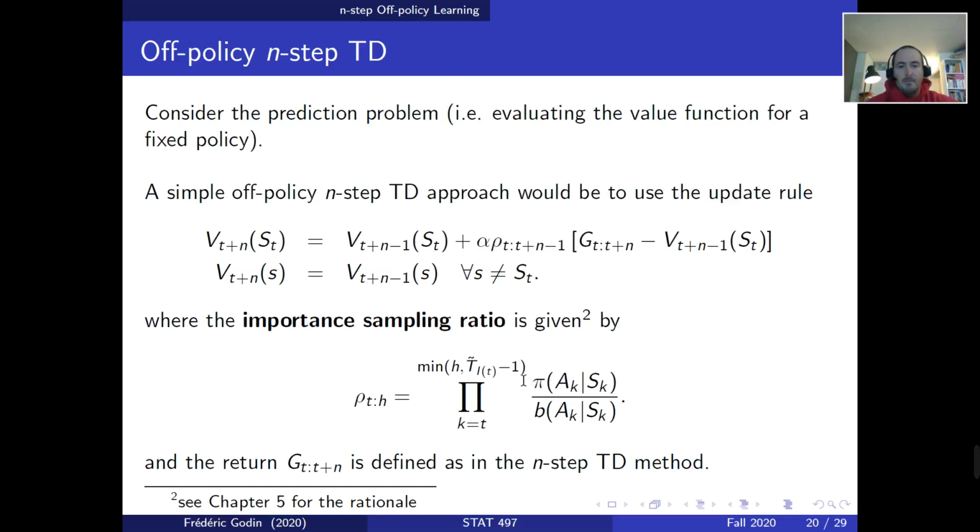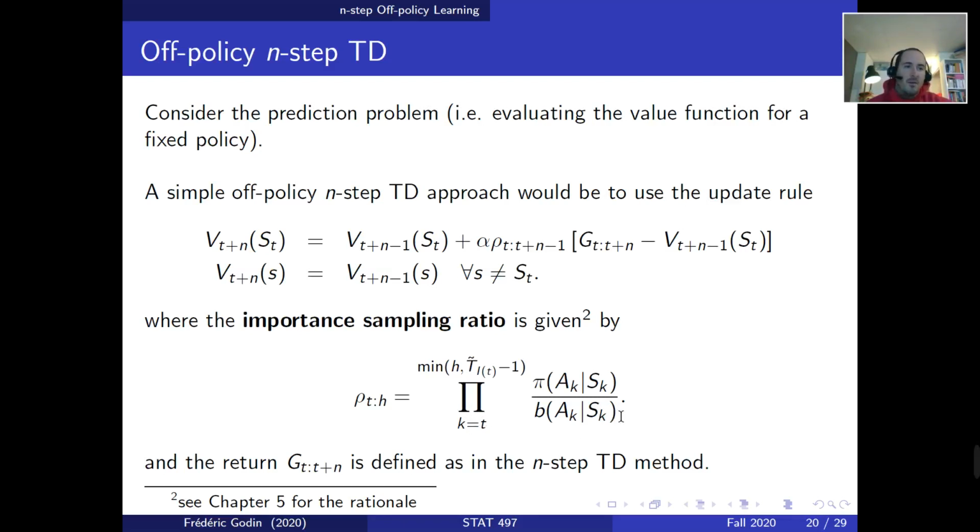What's this guy again? This guy is the time at which the episode ends minus 1. The current episode ends minus 1. Okay, so basically this says that this product contains these terms for all time steps until one step prior to the end of the episode, if the episode finishes before the next n steps.